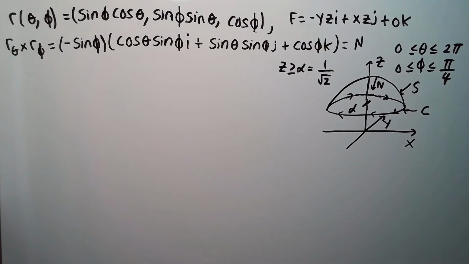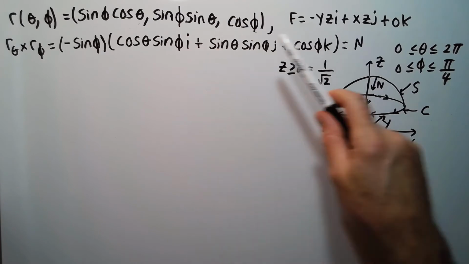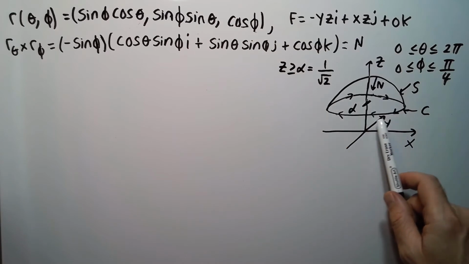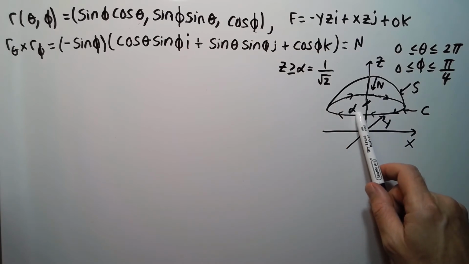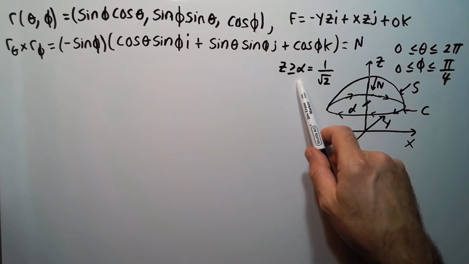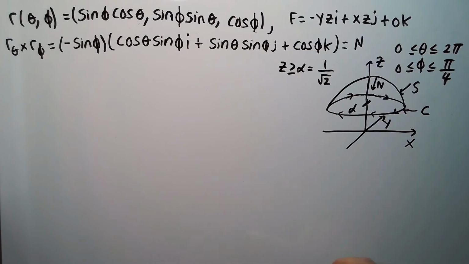And from part 1 of the video, we parameterized the surface itself, and we got it up here. We had these restrictions on theta and phi. So if I want to be on the bottom portion down here, that's when z is equal to alpha. So pretty much we're going to let z equal alpha up here. So let's do that.